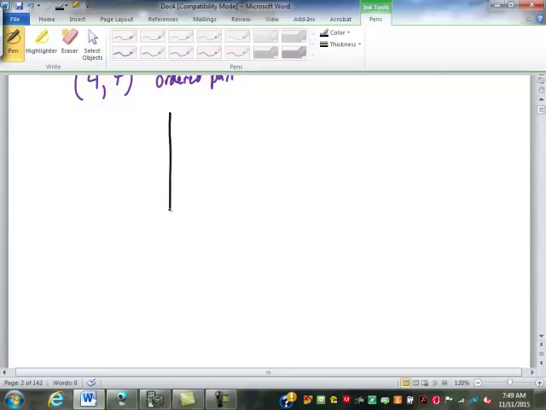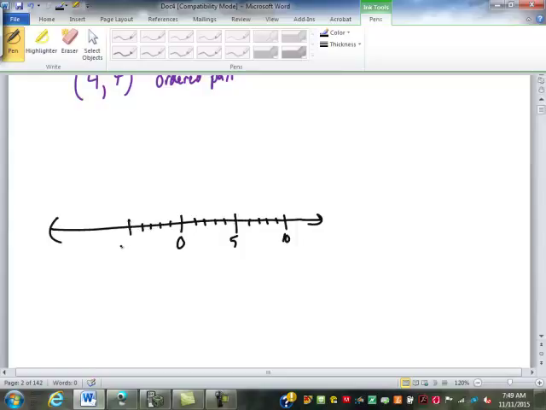And his idea involved taking this number line just like we did before. Again, pretend those are at least close to evenly spaced and that my line is straight.